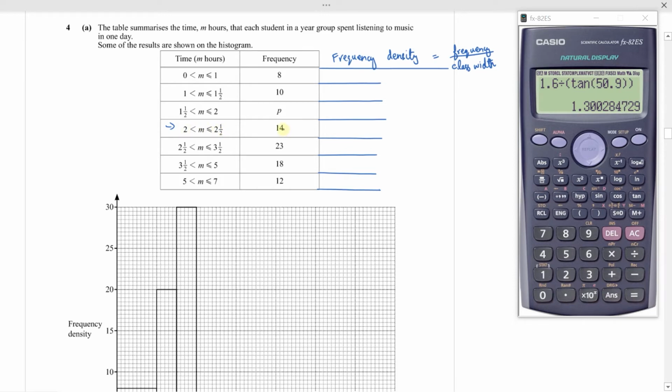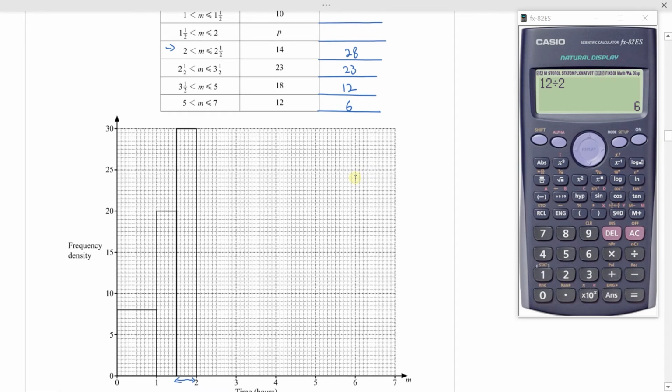So 14 divided by 0.5 will give you 28. 23 divided by class width 1 will be 23. 18 divided by 5 minus 3.5, which is 1.5, gives 12. And here the class width is 2, so 12 divided by 2 will be 6.